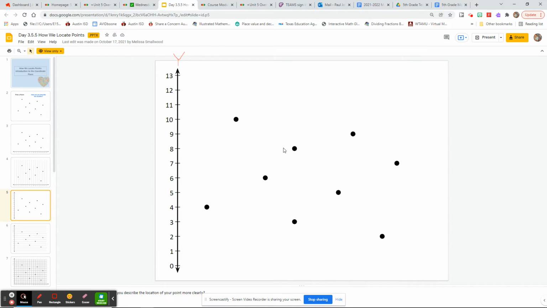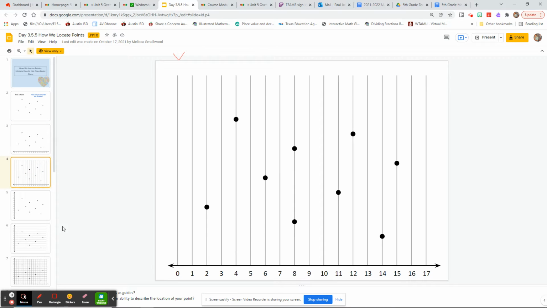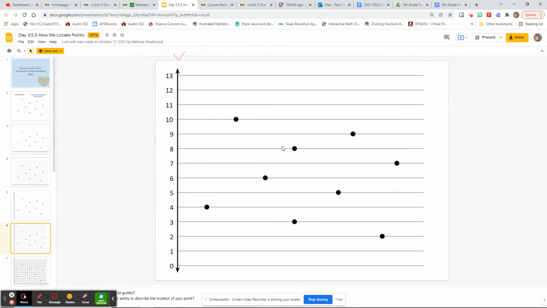So our y-axis 8 has different information than our x-axis 8. 8 over here had 2 dots on it, and then 8 over here only has 1 dot on it. So that's the y-axis, the vertical axis. So you have your x-axis and your y-axis. These are the parts of your coordinate plane, all right?